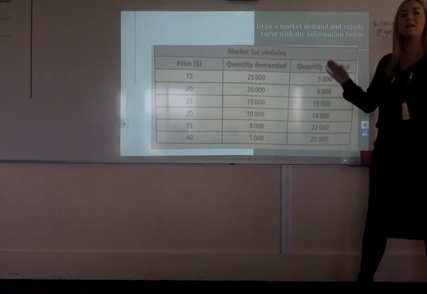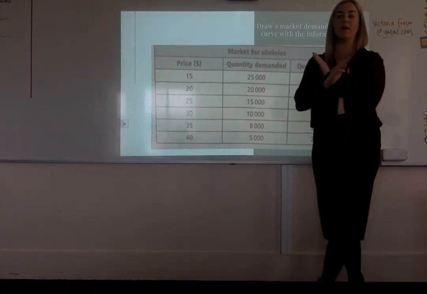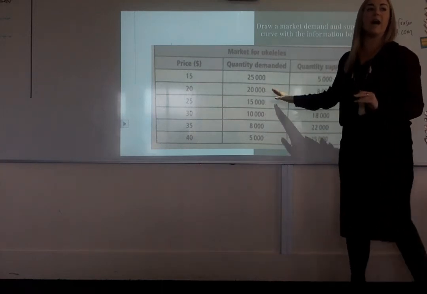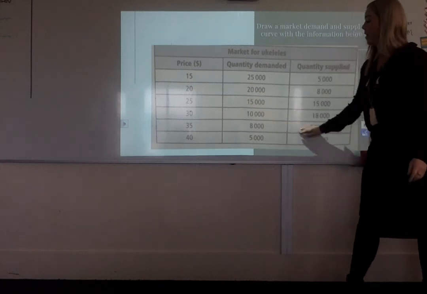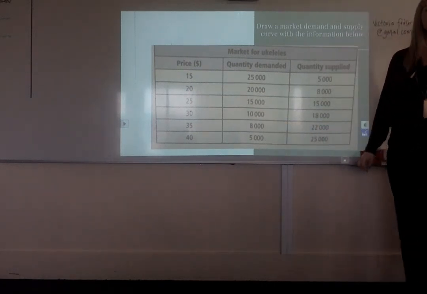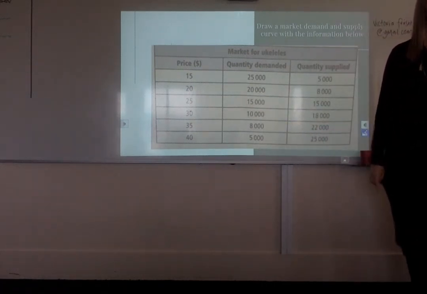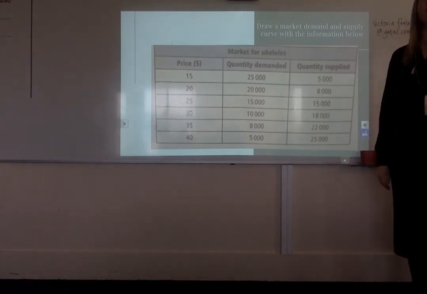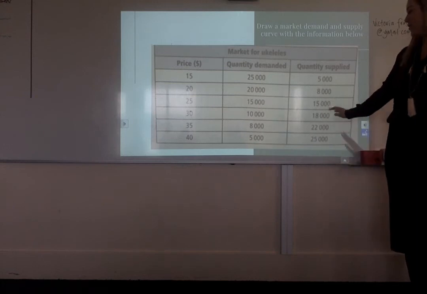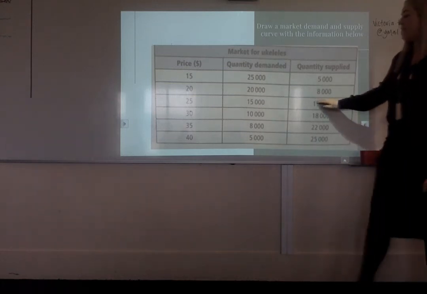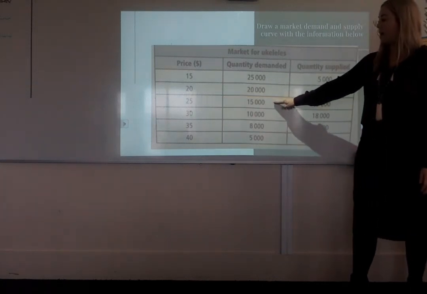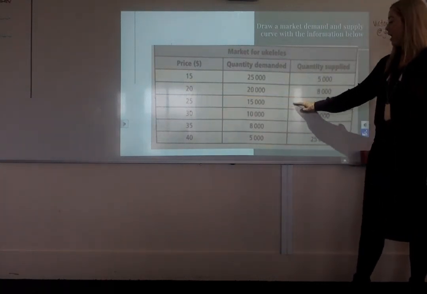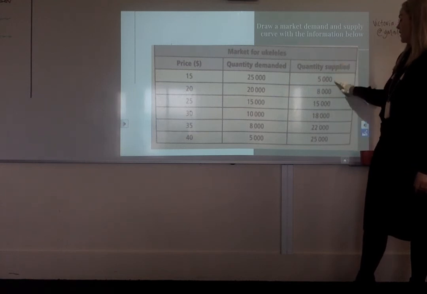Then we could find the middle point, which would be our equilibrium. You could also look at this data and see the equilibrium point. So looking at this schedule, where would quantity supplied equal quantity demanded? Can you see where the crossover would be? Yeah? 15,000. Yep. $25. So at $25, we have 15,000 quantity demanded and 15,000 quantity supplied.